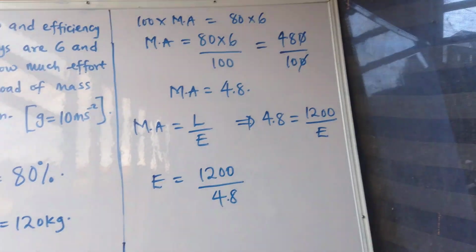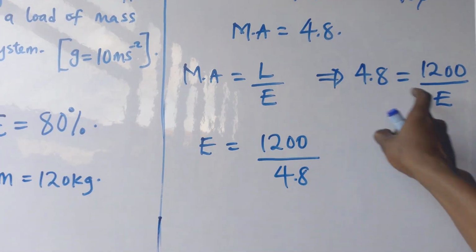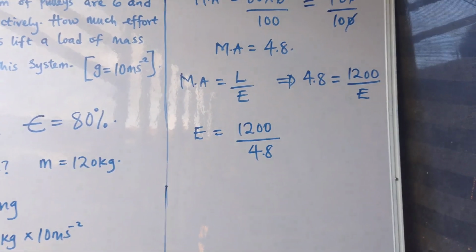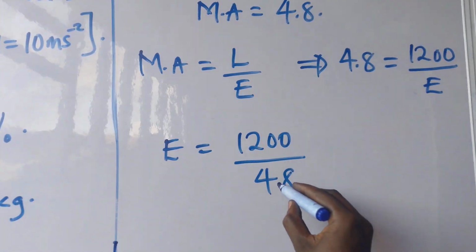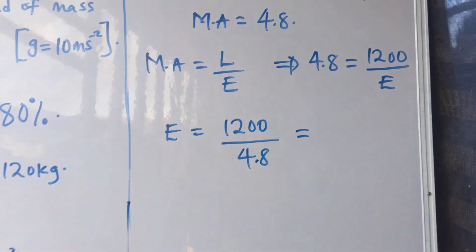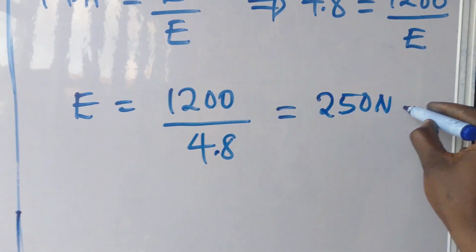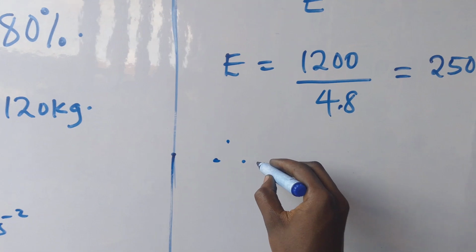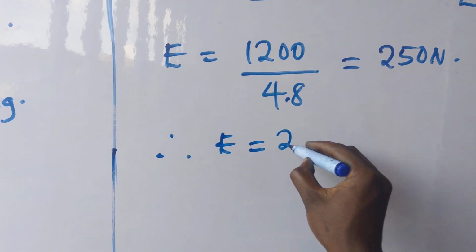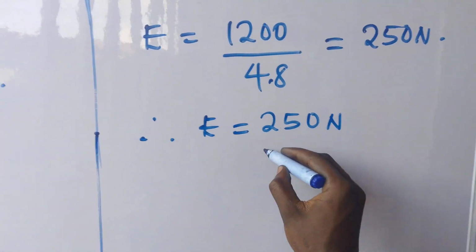This one will go here, this one comes here. Alright, so if I divide that, 1200 divided by 4.8 will give me 250 Newton. So therefore, the effort applied is 250 Newtons.